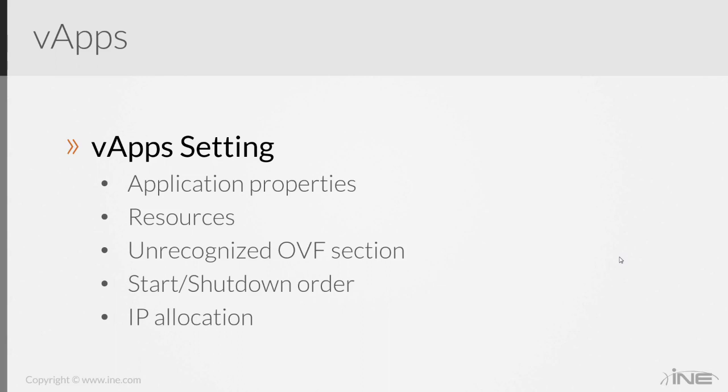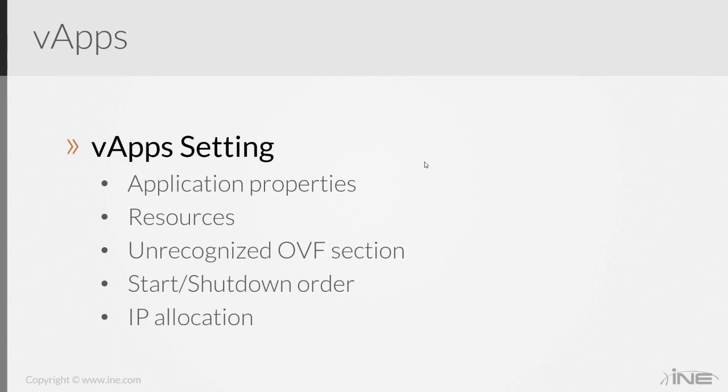Basically, if you're creating a vApp from scratch, this area would be empty. You could configure these options in there. Secondly, we have our resource settings in our vApp. Here's where we'll modify the memory and CPU share, reservation, and limits for that vApp.